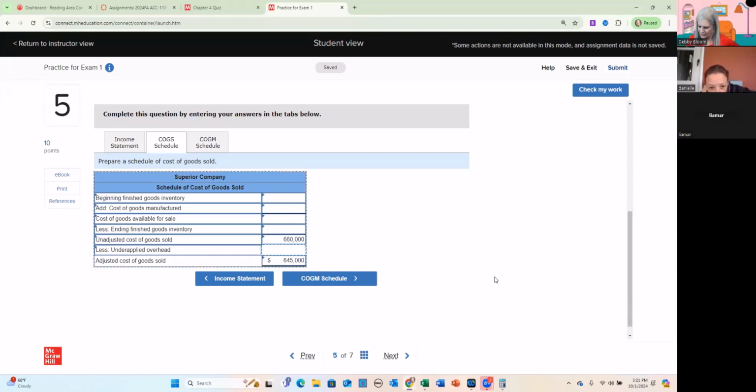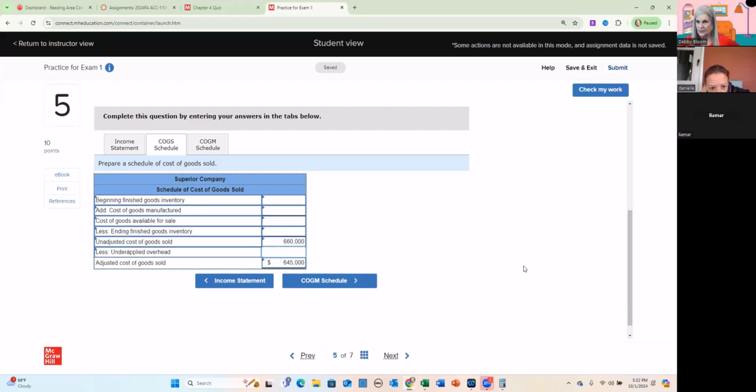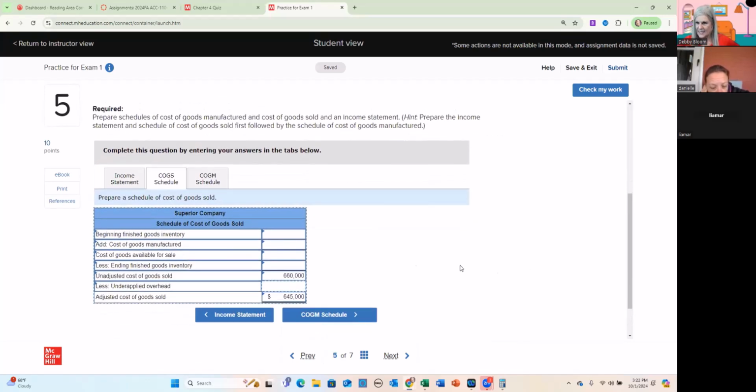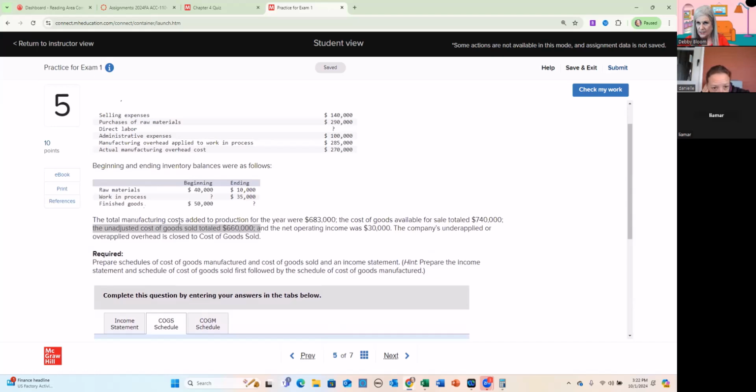I think with the "less" it knows to subtract it. I don't think you have to enter it as a negative number, but it wouldn't hurt to put in the negative $15,000 to make sure it subtracts it. So we already knew those three numbers from the given information and the last problem.